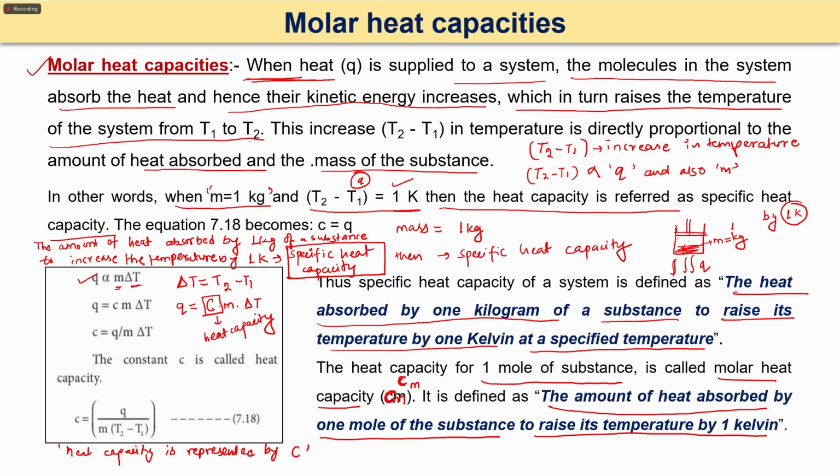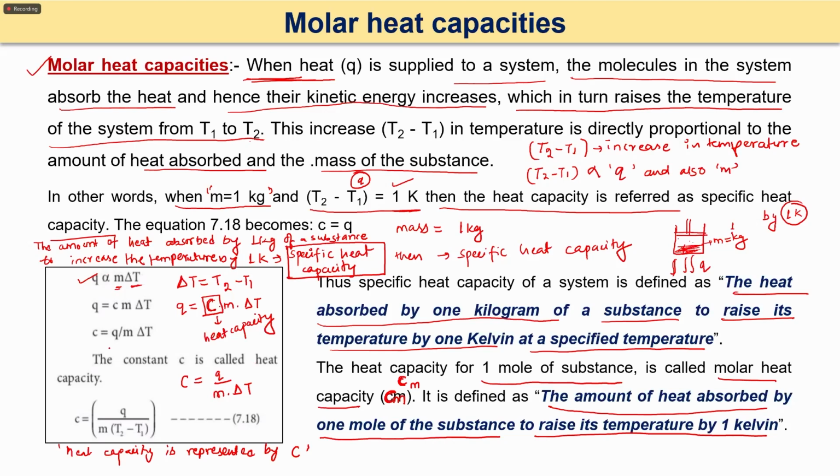If we want to calculate this heat capacity, then let us keep this C this side only and bring this M into delta T to the left side. What we will get is C equal to Q divided by M into delta T. So your heat capacity is equal to the heat absorbed by a system in order to raise the temperature by 1 Kelvin by 1 kg of substance.